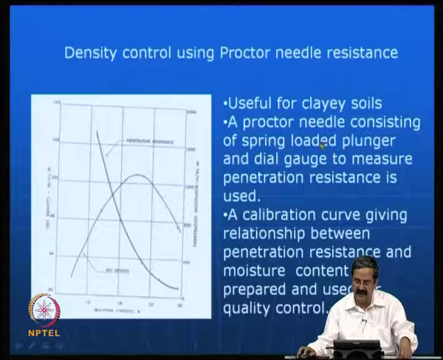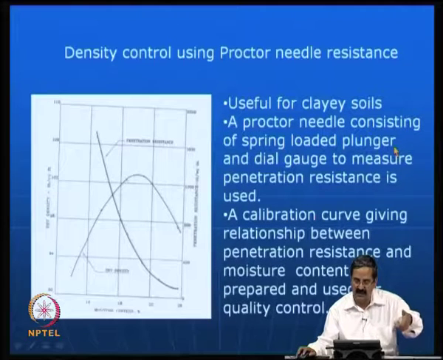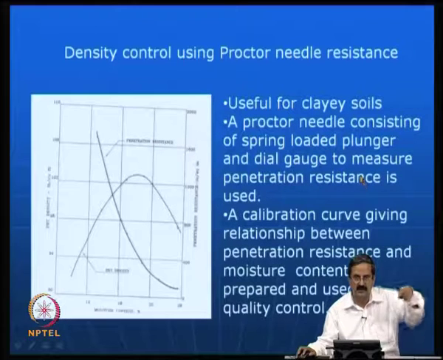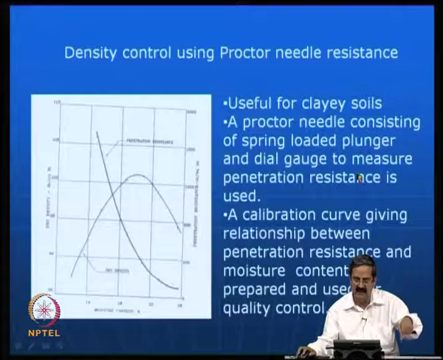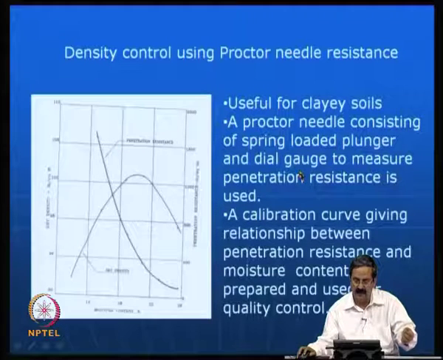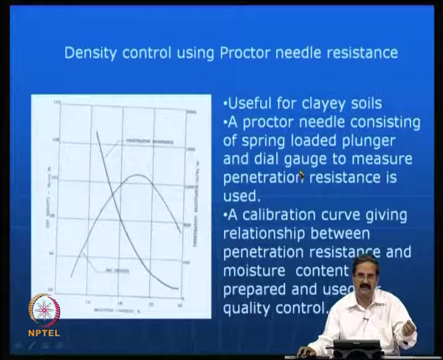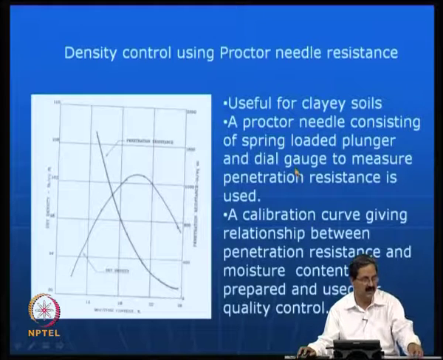It has a spring-loaded plunger that you can push, and a dial gauge to measure the penetration resistance. You also have to find out the diameter of the plunger. It is a small thing like this.